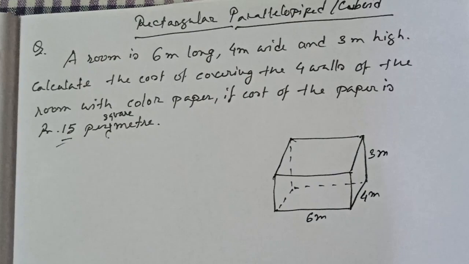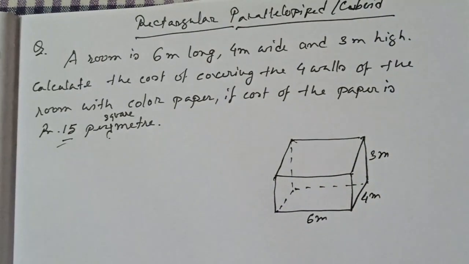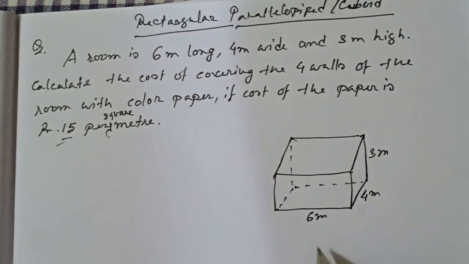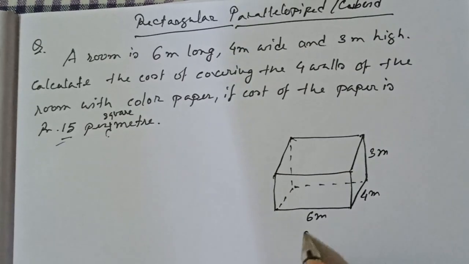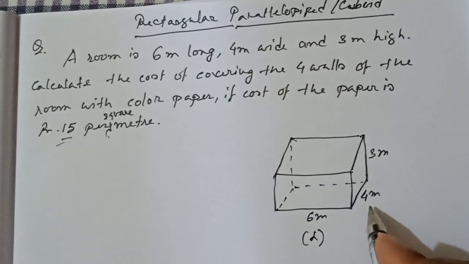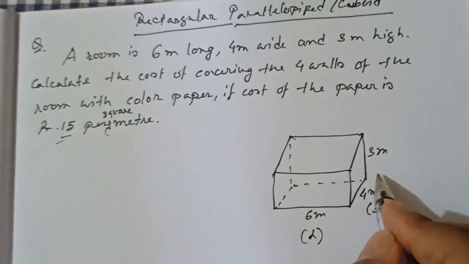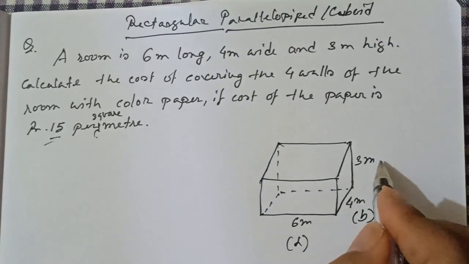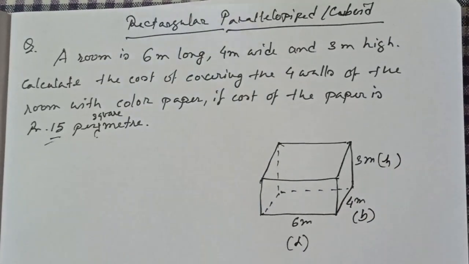Okay, so this is the room and the dimensions are given. Say this is L, length 6 meter, this is B, breadth, and this one is height H.